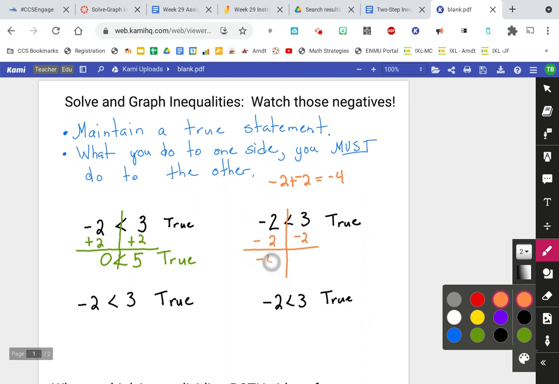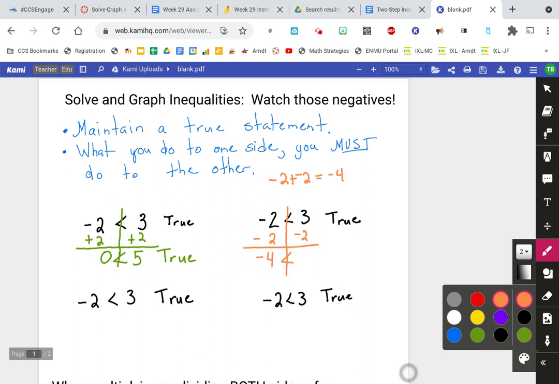So that would be -4 is less than, and 3 minus 2 is 1. Well, -4 is less than 1. That is a true statement. Notice how we're maintaining truth.